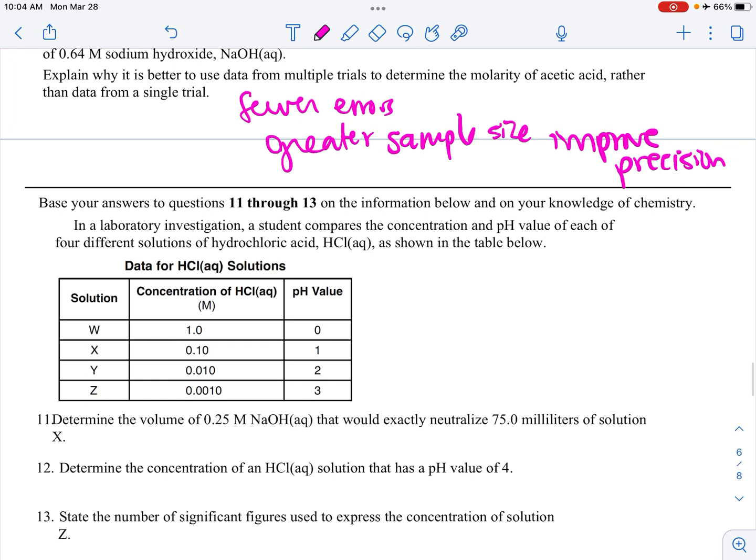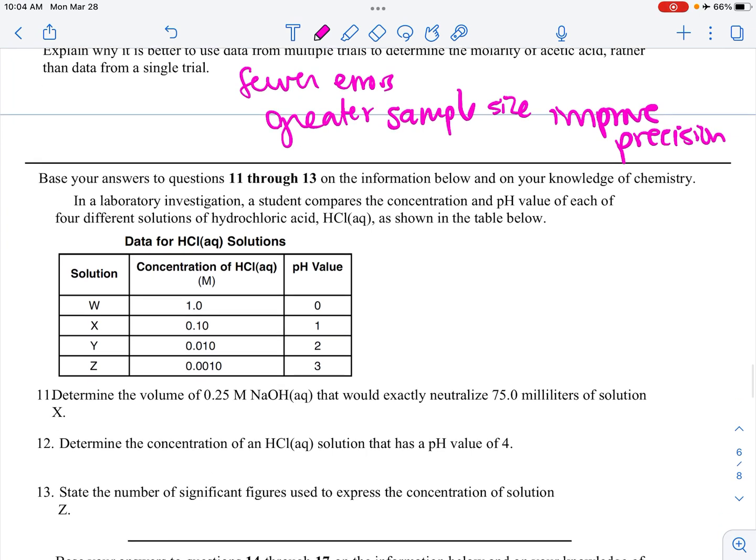All right, so here we go. We have a titration, maybe. No, we just have comparisons of the concentration of an acid and your pH value. Determine the volume of a 0.25 molar NaOH solution that would exactly neutralize, okay, so this is titration.